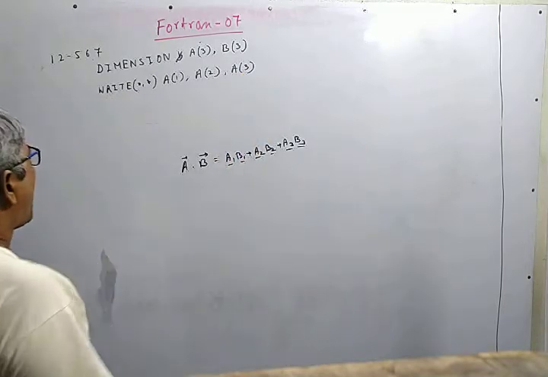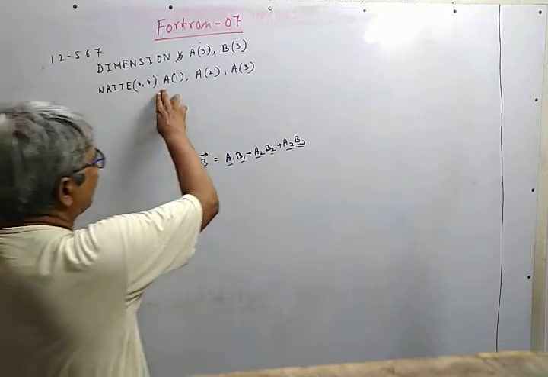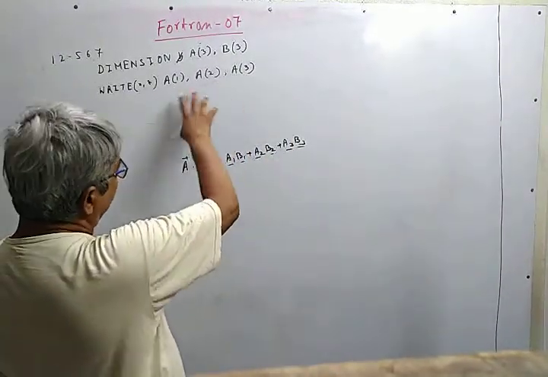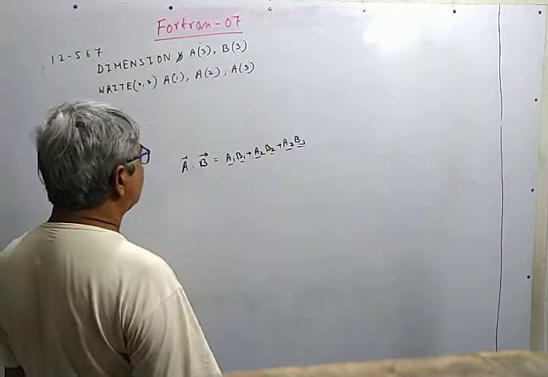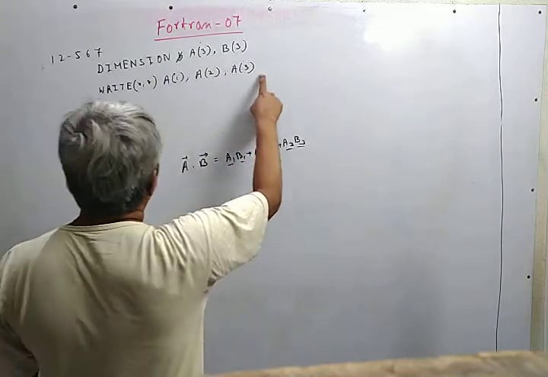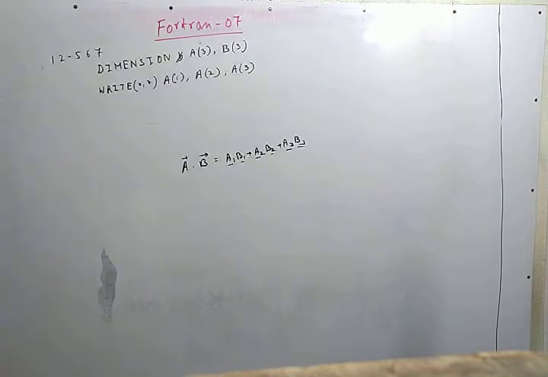But if you have a large number of data, then it is not a practical way of writing this. Furthermore, A may have other values, say A may have 10 values or A may have 100 values, then it is not practicable to write these one after another separating by comma.